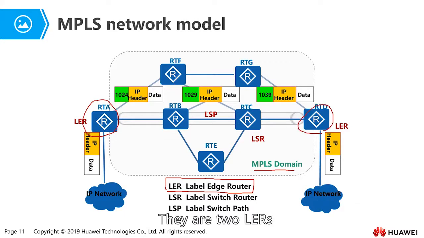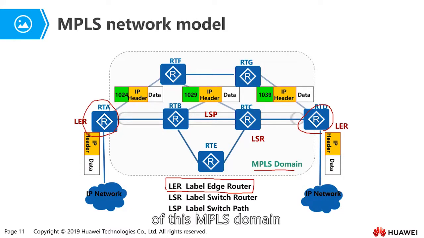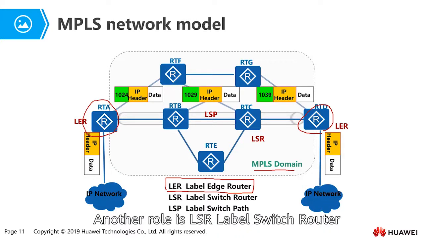They are LERs because router A and router D are at the edge of this MPLS domain. And the other role is LSR, label switch router.